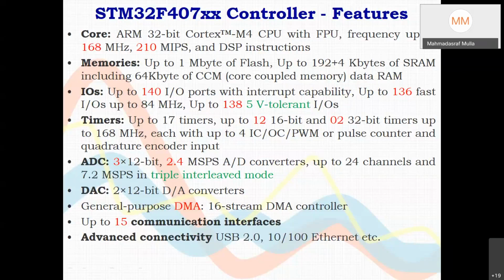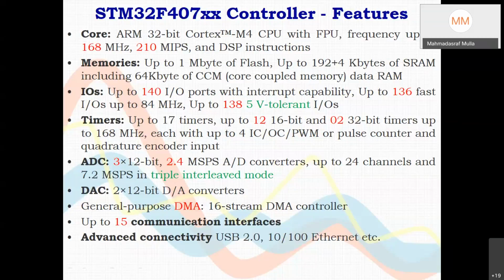Then DAC, just like our MATLAB simulation where at different instances you can connect a scope and find out what is going on there, or we can debug where it is going wrong. So 2 DACs are also available, and all these things are available on chip. We do not need to interface any other extra IC; only the microcontroller chip supports all these peripherals.